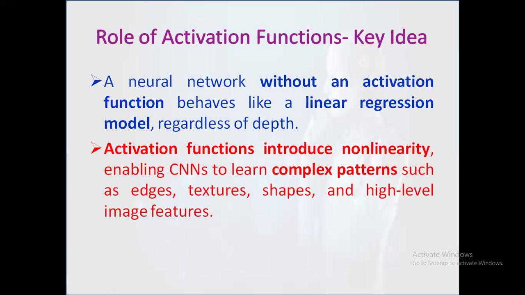Even if we stack multiple convolution layers, the entire network would still perform only a linear transformation, similar to a simple linear regression model. Because of this, the network would fail to learn complex visual structures found in images.